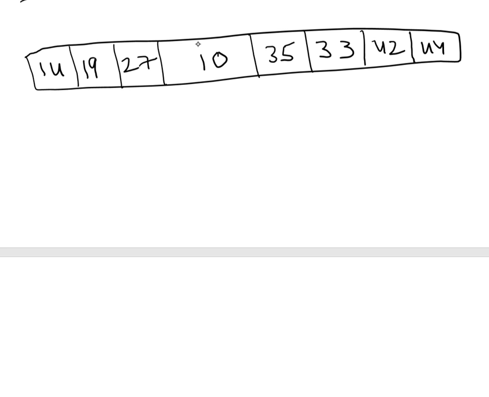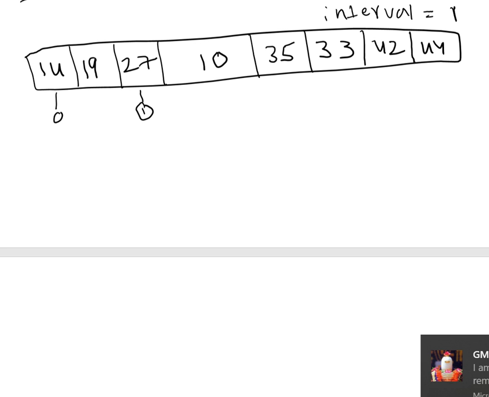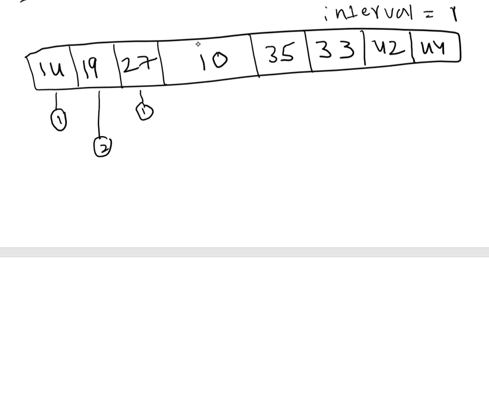Now let me take the interval. How much? Interval 1. 1 means this is 1. Okay, 14 and 27, and then I'm leaving 1 and taking interval 1 here. Now this is taken as 2.